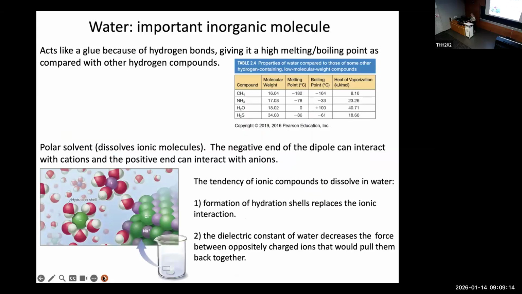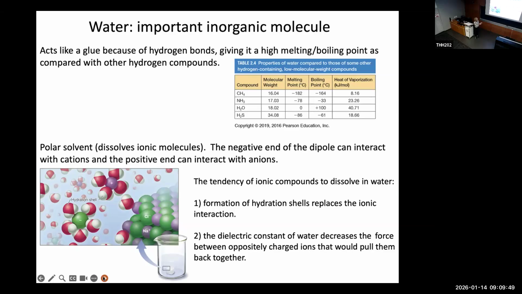Okay, so those aspects sort of act like a glue for water. There's lots of hydrogen bonding between them, and therefore, if you want to change the state of water, you essentially have to break those hydrogen bonds. So you have to input a lot of energy in order to do that. So that's why if you're looking at a comparison here between other atoms that are bound to hydrogen, like methane, things like this, their melting point and their boiling point is much, much lower than water.